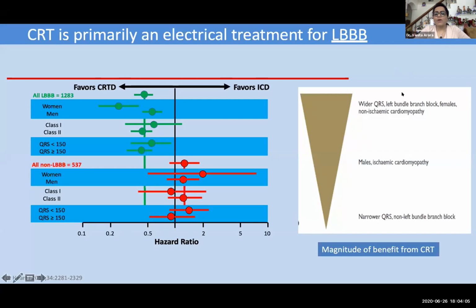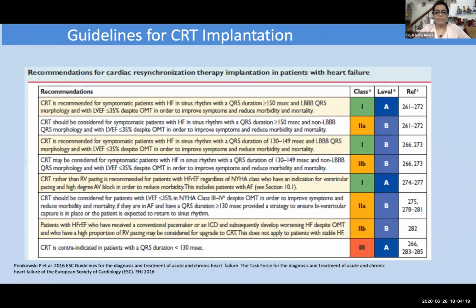Henceforth, the super responders are actually females with non-ischemic cardiomyopathy, wider QRS, and left bundle branch block. But with a narrower QRS, the IVCD pattern, or the non-left bundle branch block pattern, the benefit is not transferred to them. Hence, we have the guidelines looking into all the data that we have.